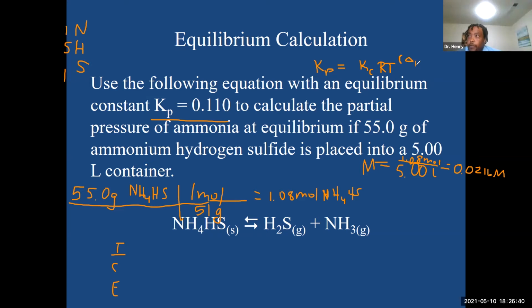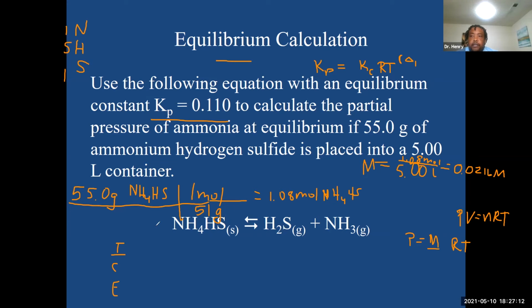If you think about it, our Kc and our Kp are going to be different because we have PV equals nRT, right? Our partial pressure is going to be equal to the molarity times RT. And this is going to be dependent on the coefficients that we have.